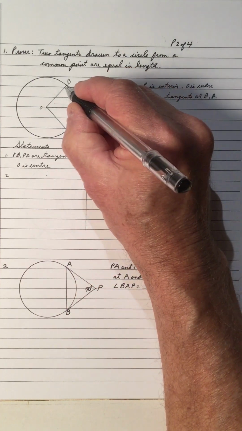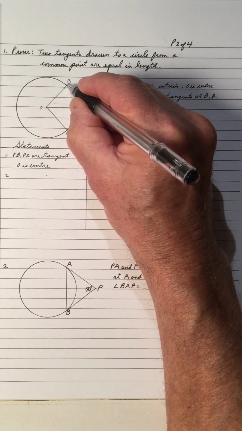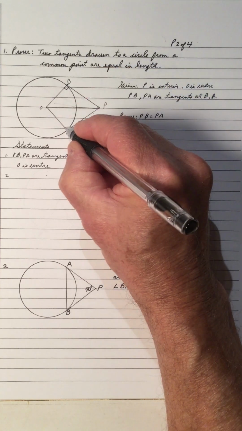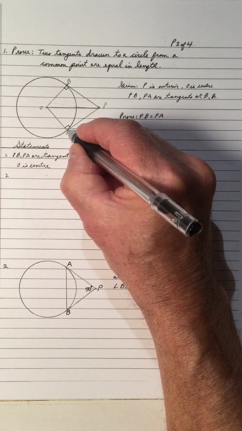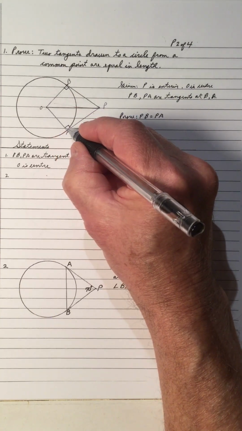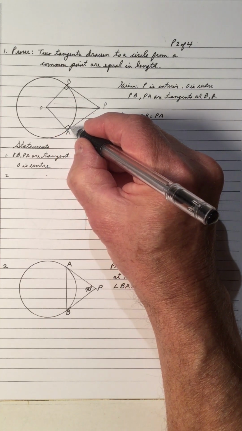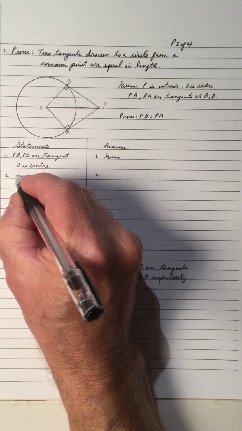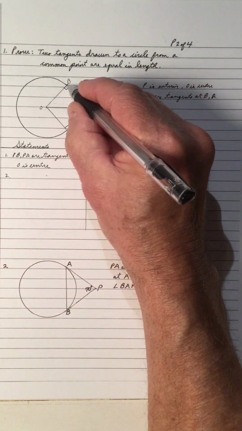Because this is a point of tangency, we have a right angle here, and we have a right angle here. This is the radius, so this is a perpendicular.